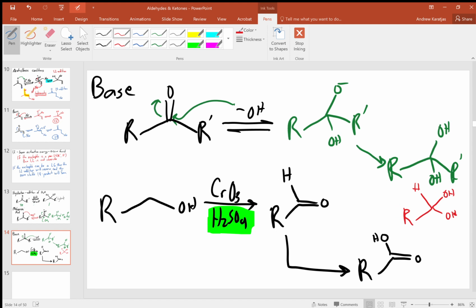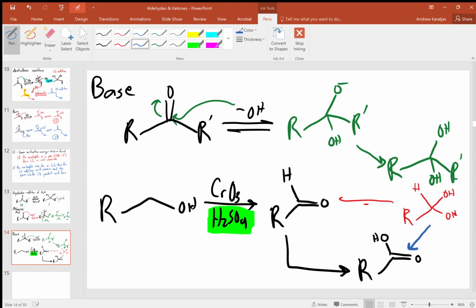Now, the equilibrium here is not favorable. And we get a very small amount of the hydrate, but mostly the aldehyde. What happens, though, is any amount of that hydrate that does form, it will get oxidized to form the carboxylic acid.